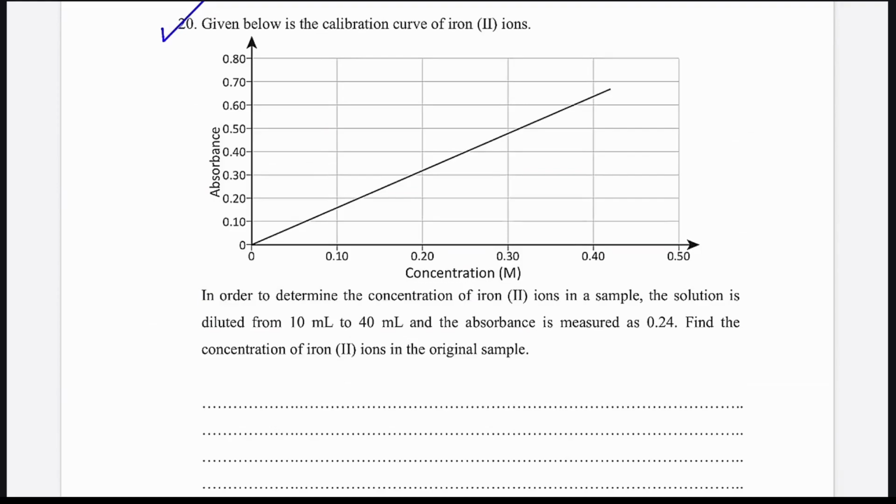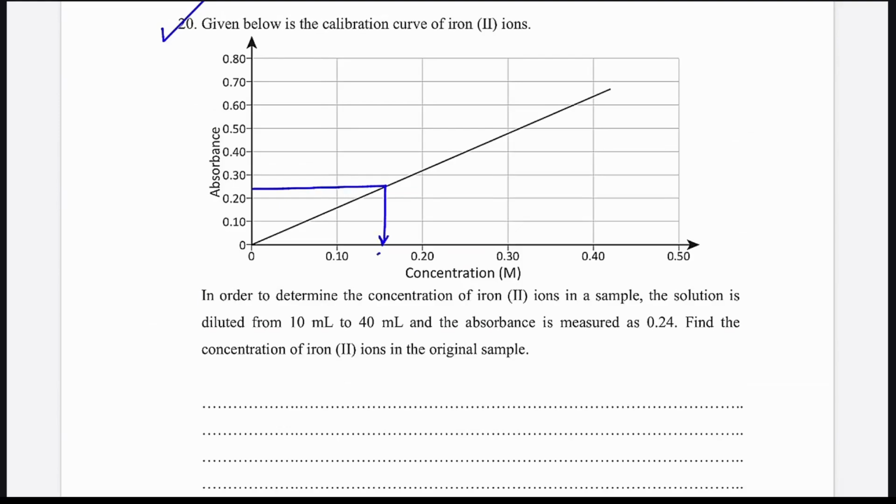Absorption concentration. In order to determine the concentration of iron 3 in the sample, the solution is diluted from 10 to 40 ml and the absorbance is measured. Find the concentration. So concentration 0.24 is somewhere here. Go here, go there.